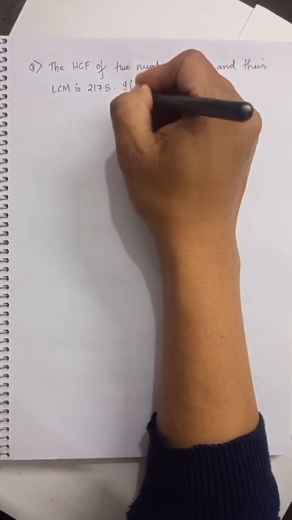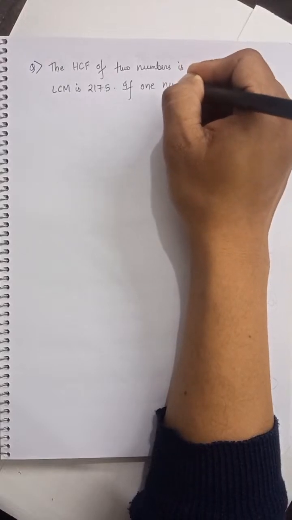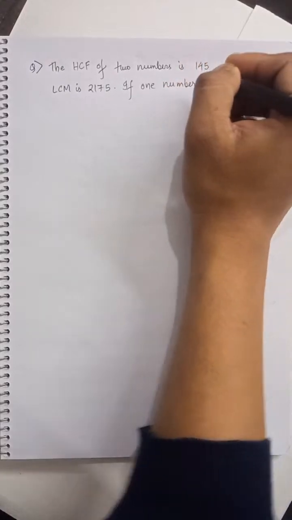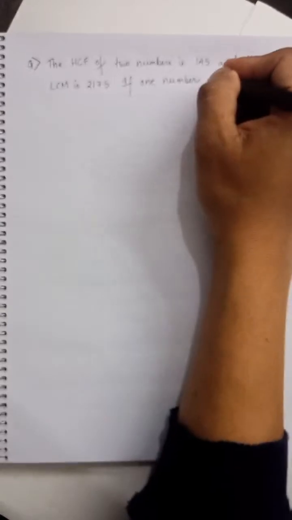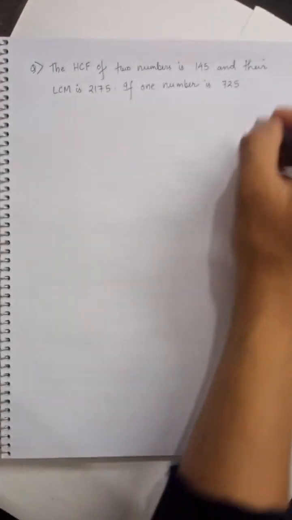The HCF of two numbers is 145 and their LCM is 2175. If one number is 725, find the other.